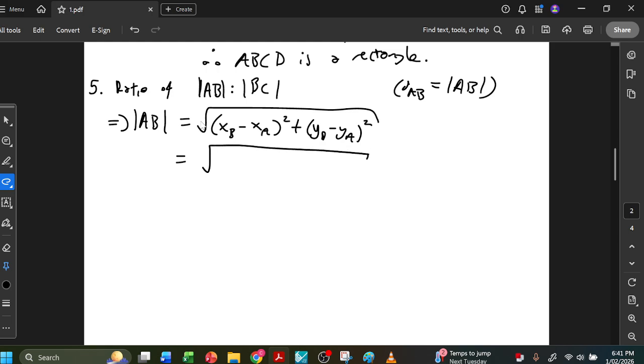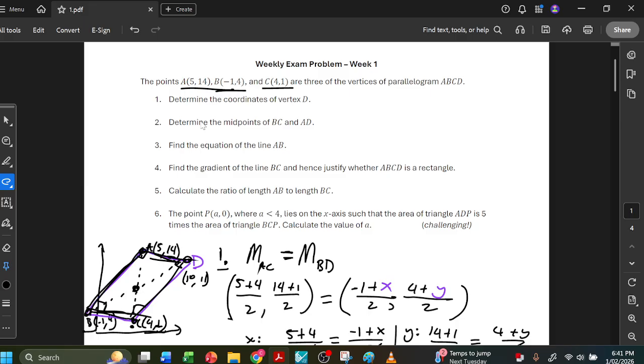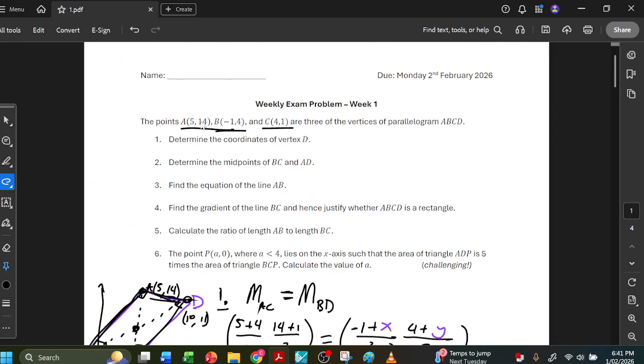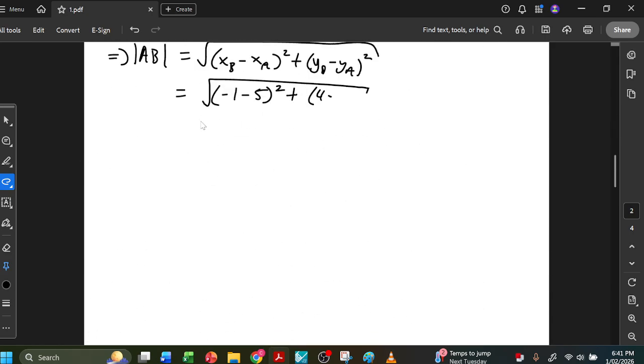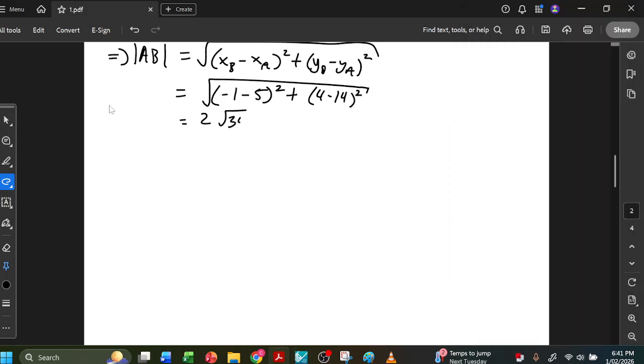Applying that to these 2 points, we have the difference between the x coordinates, which is negative 1 minus 5 squared, plus the difference between the y coordinates, 4 minus 14 squared. Then we can put that into the CAS calculator. So that's negative 6 squared plus negative 10 squared, which comes out as 2 root 34 in simplified surd form.